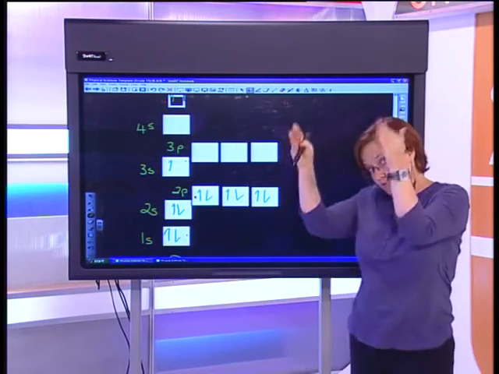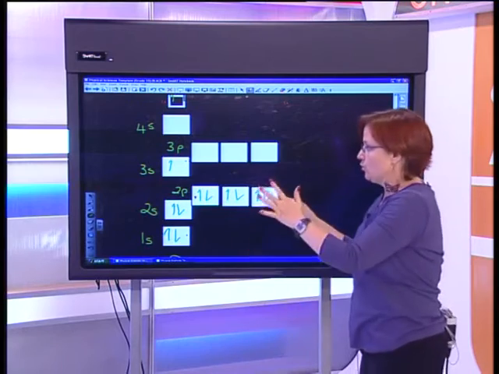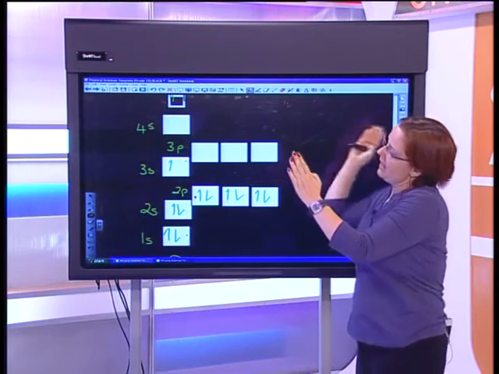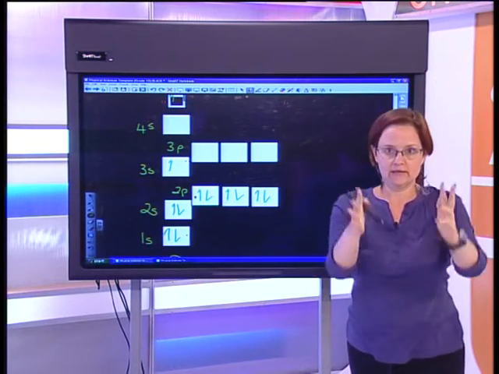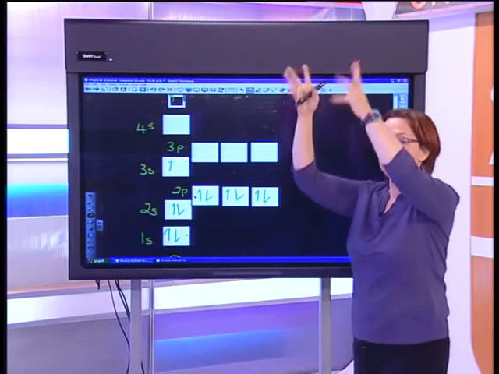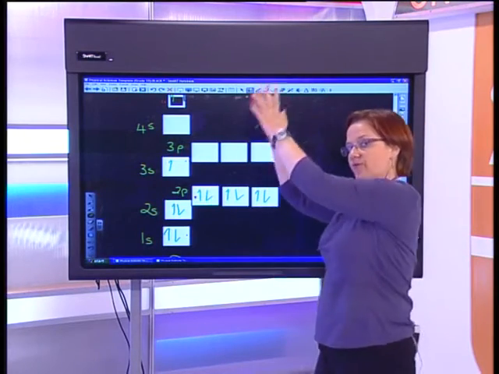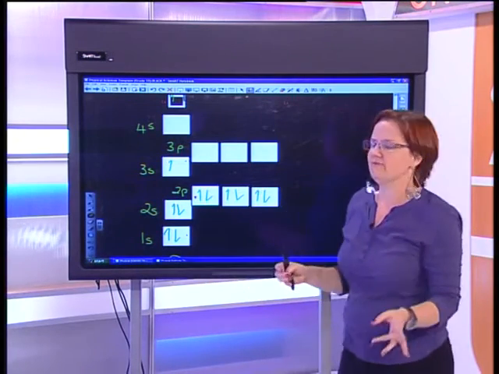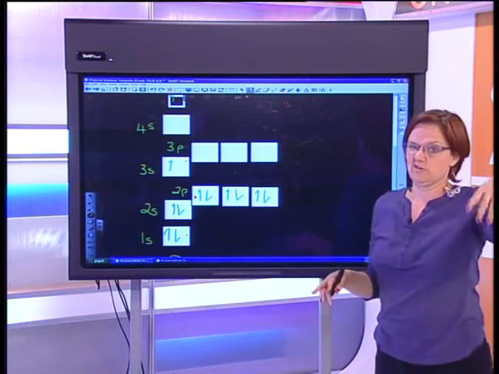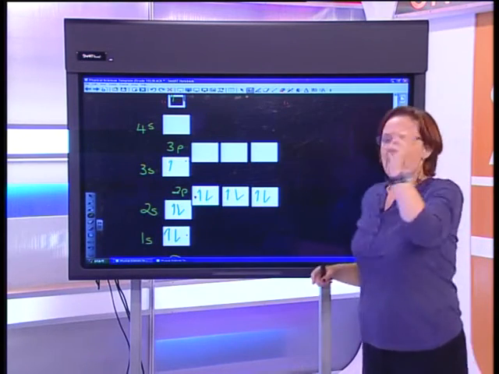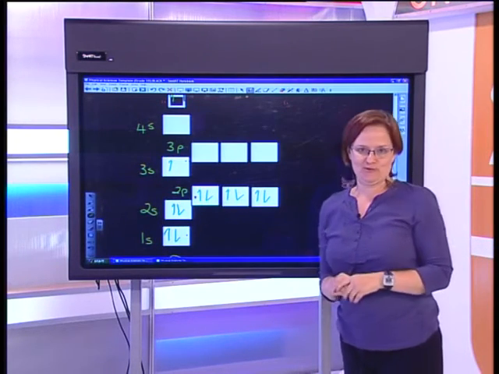Then you cut all your little diagrams out and put all the group 1 elements underneath each other, then all the group 2 ones, then 3, 4. You're missing out the transition metals. We leave those out because they go into d and f and it starts to get difficult. And you're going to see a very important trend.